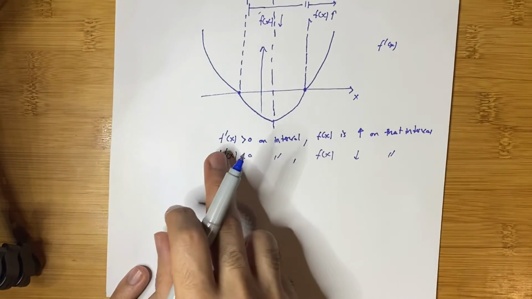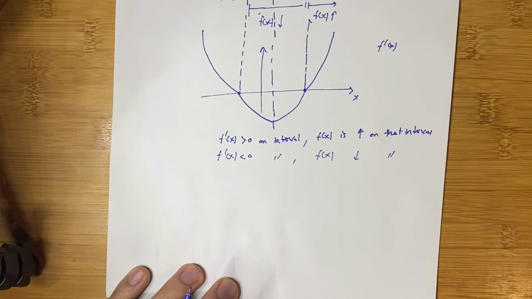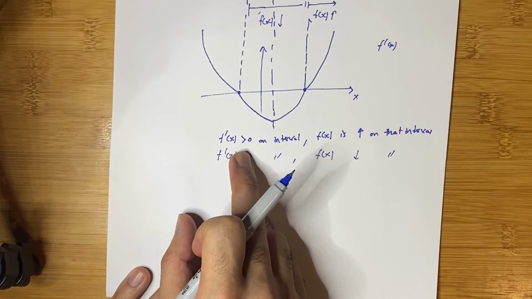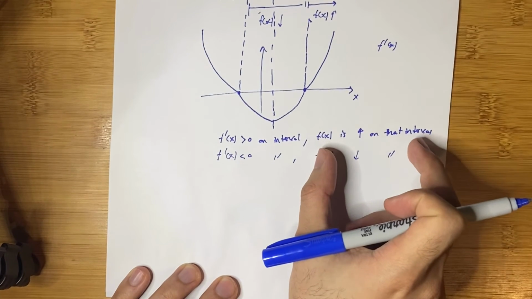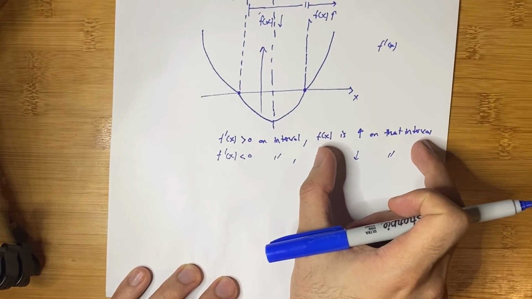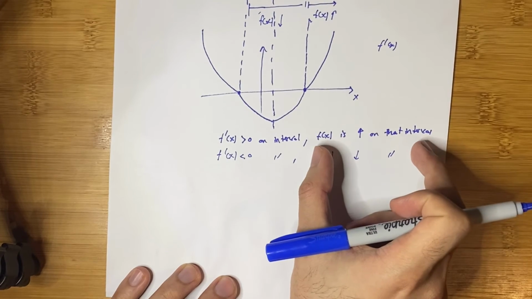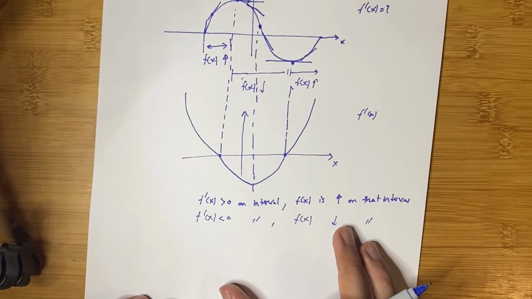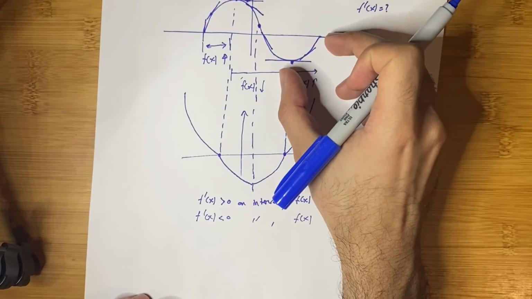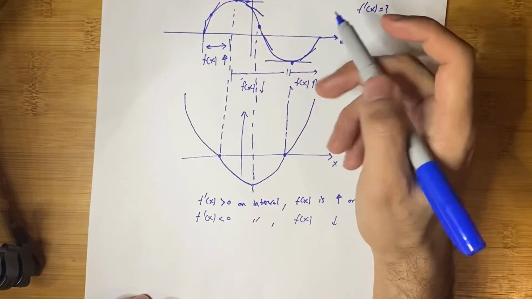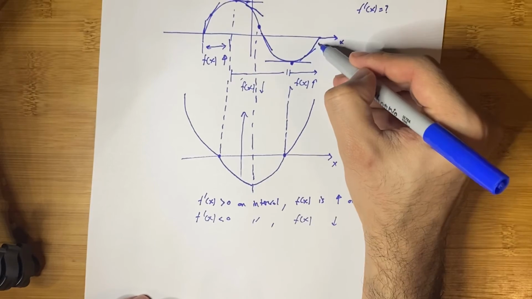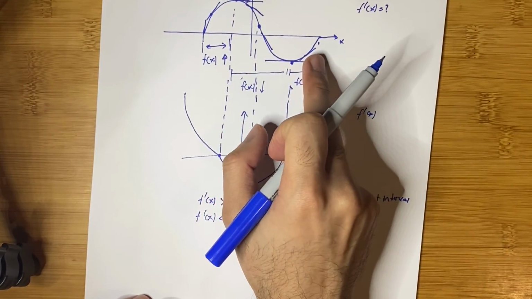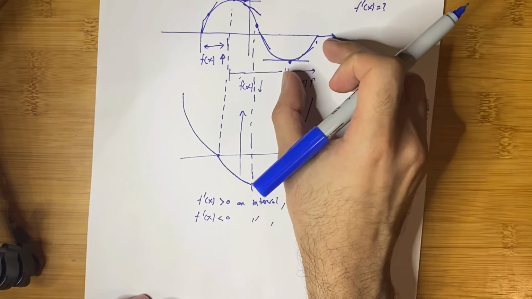Okay, so let's take, for example, the first statement. f prime of x is positive on an interval, f of x is increasing on that interval. So let's take an interval where f of x is increasing. For example, this segment in here. From here to here, f of x is increasing in value. Now let's go down.